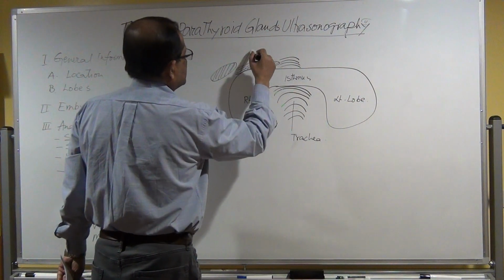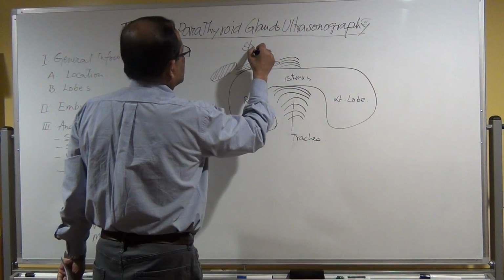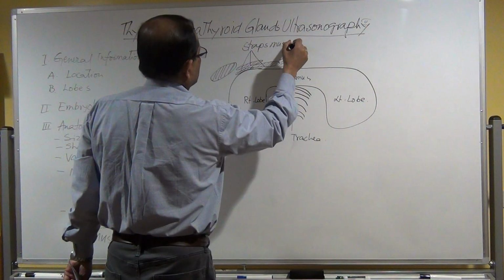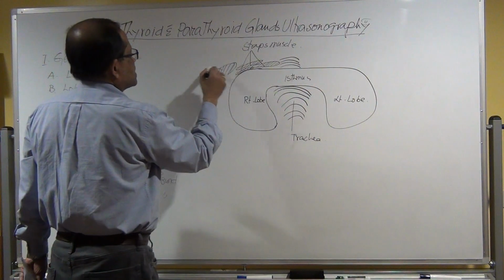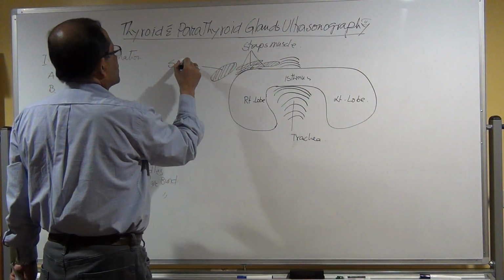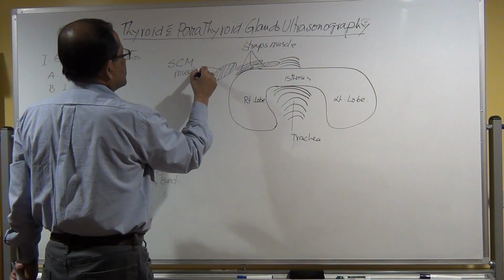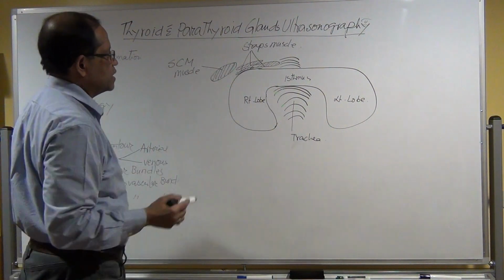So these three are strap muscles. This is sternocleidomastoid muscles. Sternocleidomastoid in abbreviation.